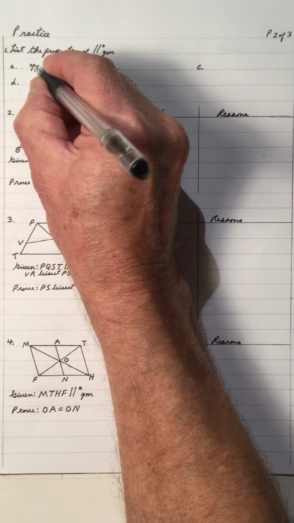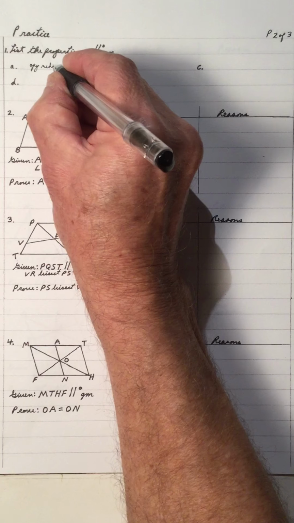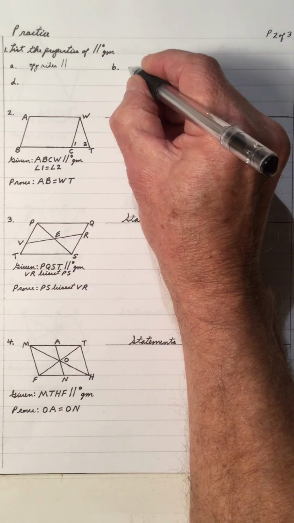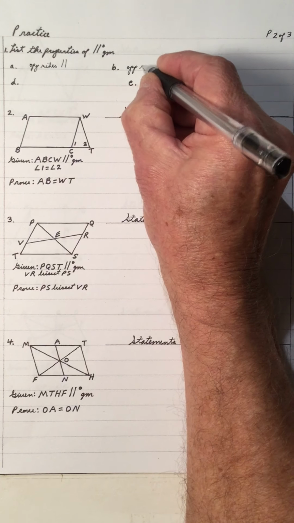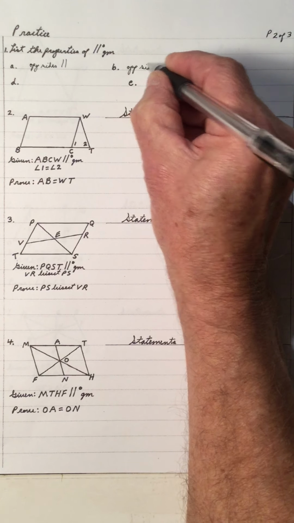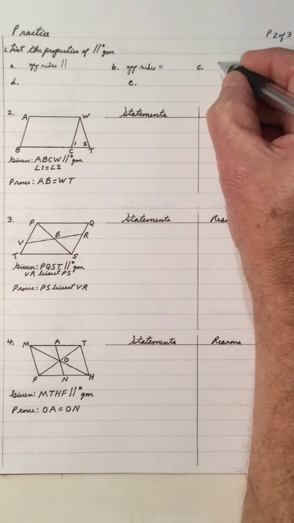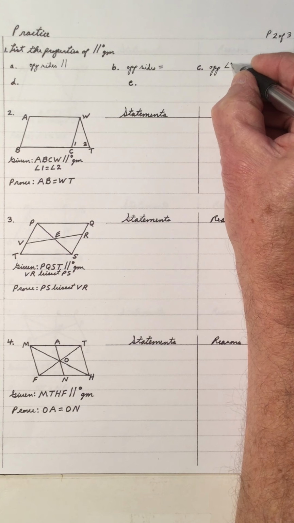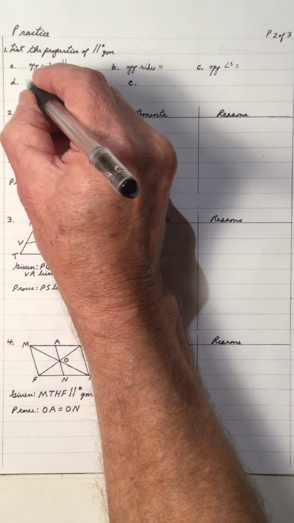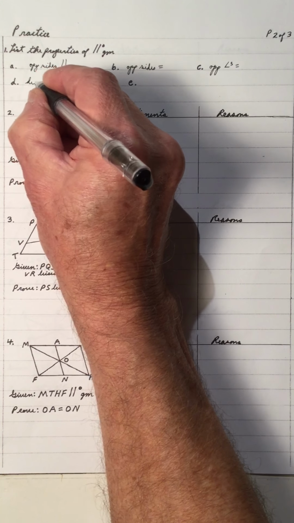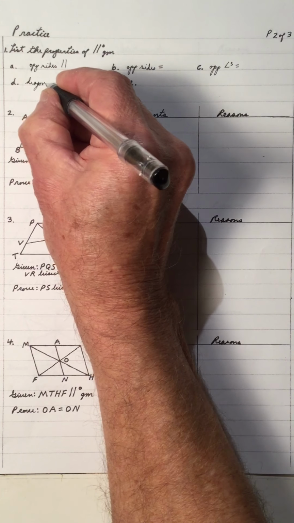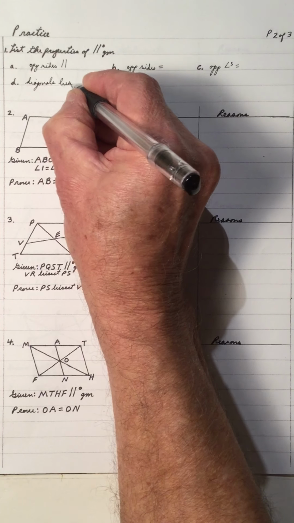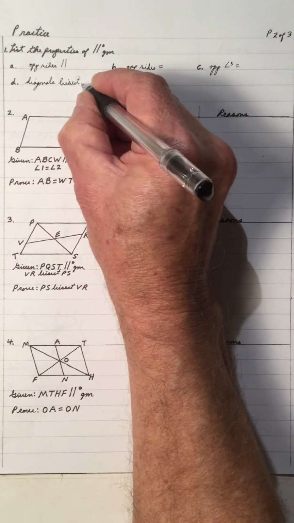One of them is the opposite sides are parallel. Another one is the opposite sides of a parallelogram are equal. Another one is the opposite angles are equal. And the diagonals bisect each other.